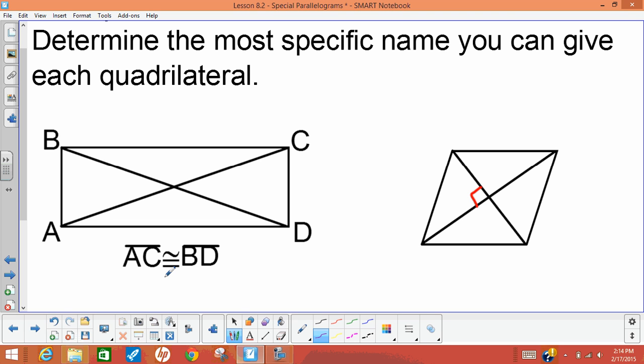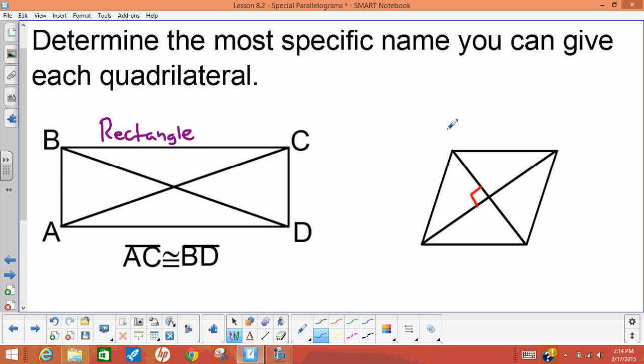So now I have to determine whether this thing is a square or a rectangle, because in both, diagonals are congruent. Well, I don't have any other information in this picture to tell me that this thing is a square. So the best I can call it is a rectangle. So we can call this rectangle ABCD.